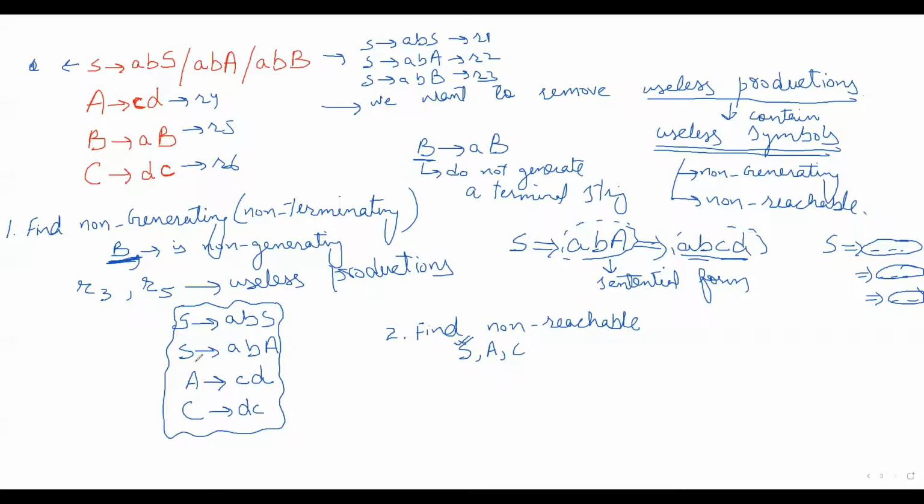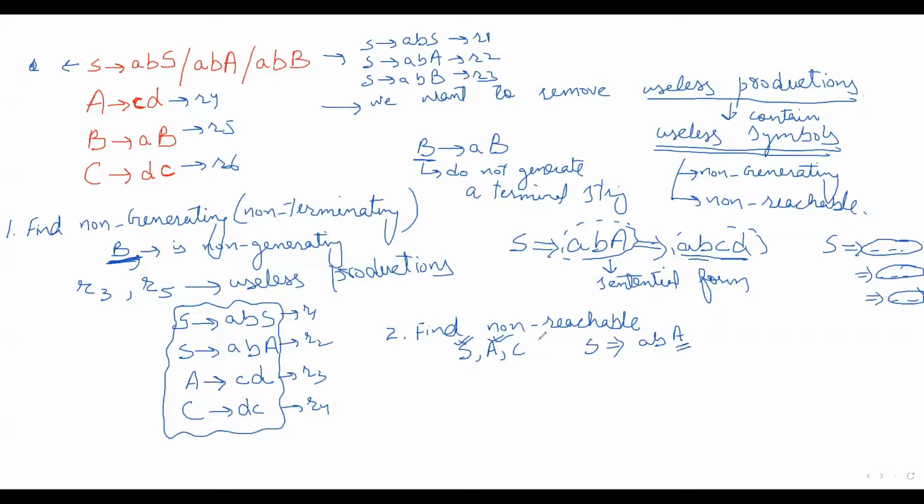Is A reachable from S? Yes, because we can use a rule. Let's suppose this is rule 1, this is rule 2, this is rule 3, this is rule 4. If we use rule 2, we get ABA. So A is reachable from S.